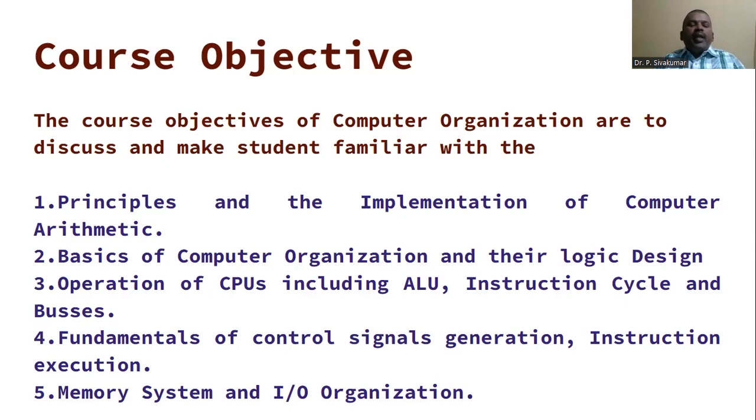Finally, the main objective is the memory system: what are the different categories of memories available, what are the different IO devices available, and how these IO devices communicate with the memory system. These five important objectives are the core objectives of computer organization.